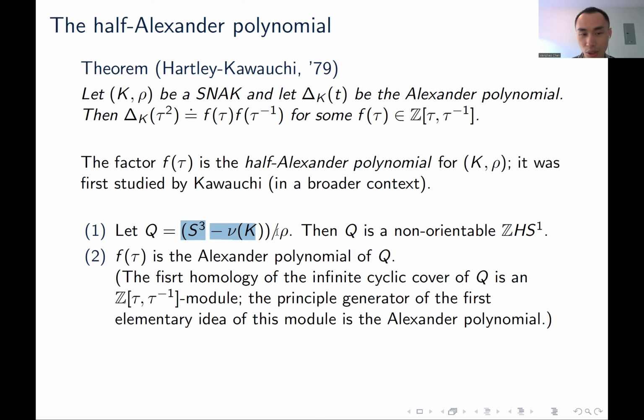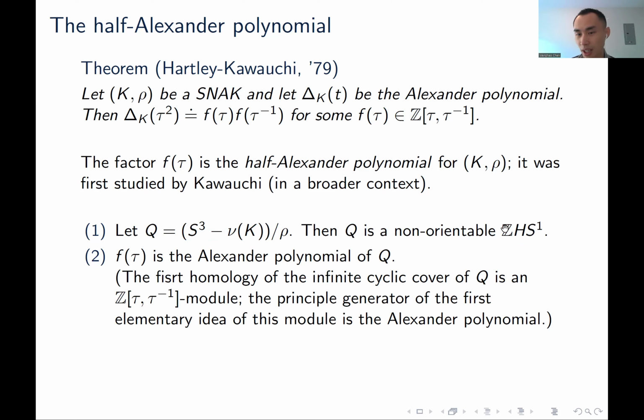So you can take the quotient of the knot complement, and you get a manifold, which we denote by Q. And what Kawauchi showed is that this Q is actually a non-orientable integer homology S1.